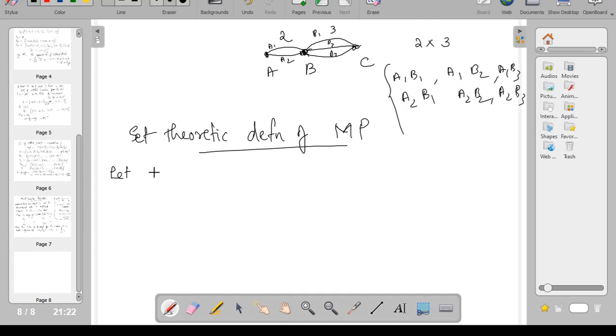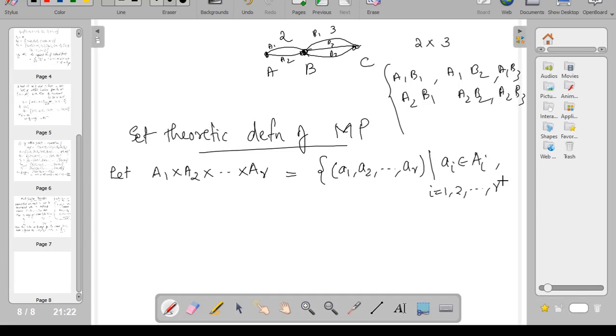Let A1 cross A2 cross AR be the Cartesian product of the sets A1, A2 and AR. That is the set of all tuples (a1, a2, etc., aR) such that ai belongs to the set Ai for i equal to 1 to R.